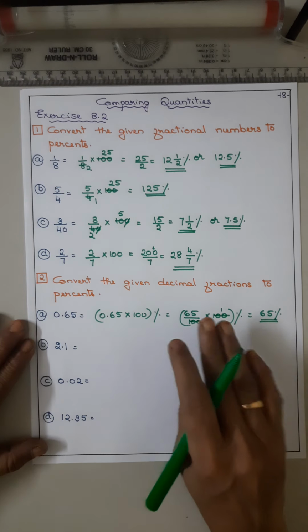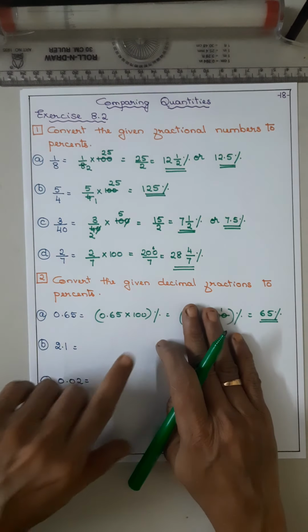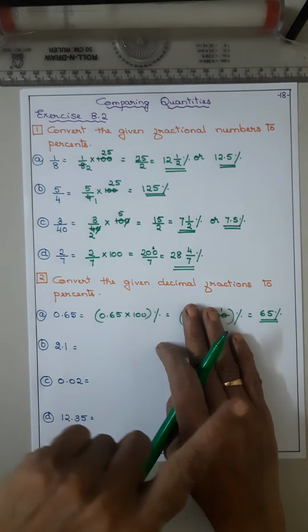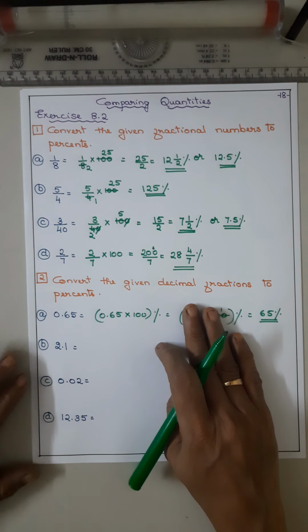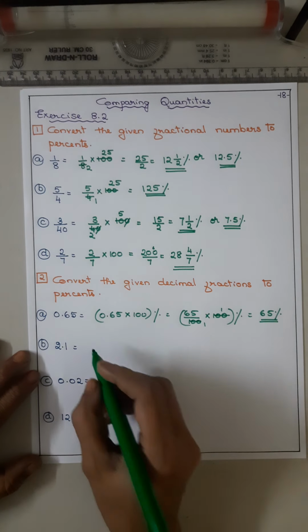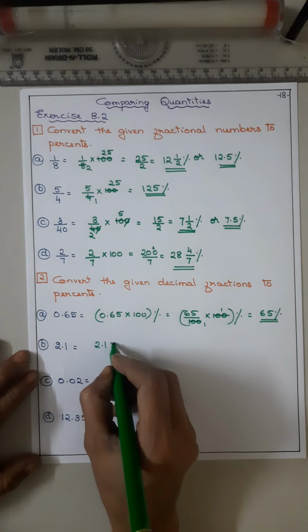Otherwise, you can see directly that into 100 means the decimal moves 2 steps to the right. Like that also you can do it. Otherwise this method.